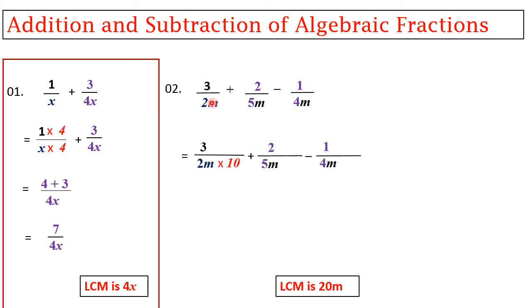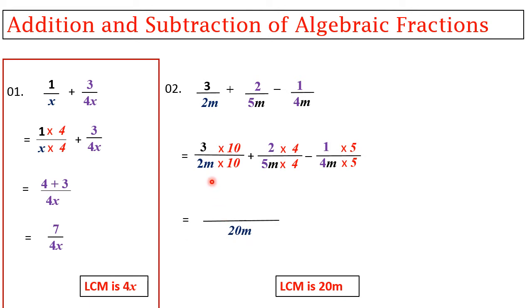So to make the first one 20, we should multiply by 10. Then the second one should be multiplied by 4. The third one should be multiplied by 5. Let's multiply the corresponding numerators by the same numbers. Then we will get it like this.